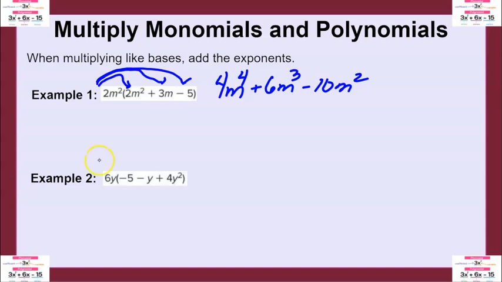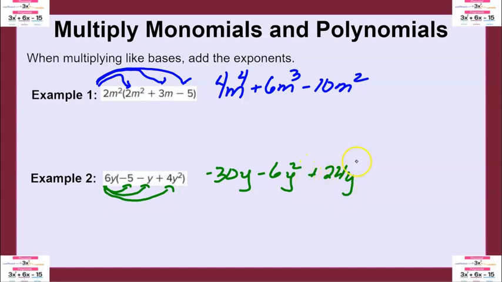Example 2, we're just going to distribute the 6y. So 6y times negative 5 is negative 30y. 6y times negative y is a negative 6y squared. And 6y times 4y squared is a positive 24y cubed.